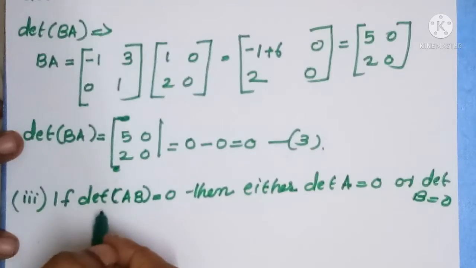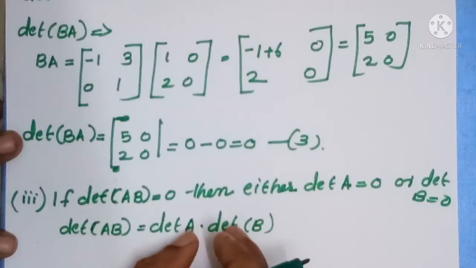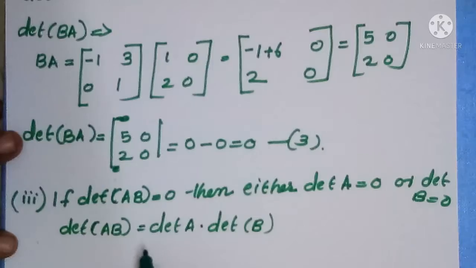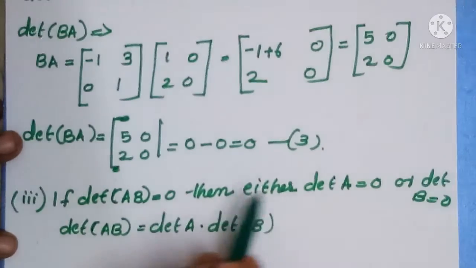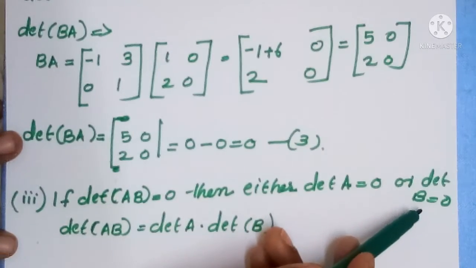That means determinant of AB is equal to det A into det B. So, if any one of the values is 0, it leads to determinant of AB being equal to 0. So, we can write if determinant of AB is equal to 0, then either det A is equal to 0 or det B is equal to 0.